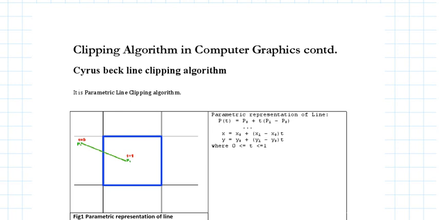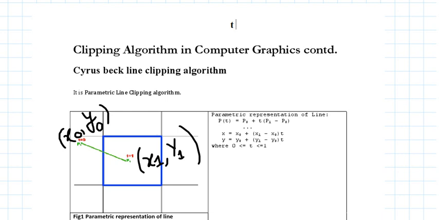Say the Cartesian coordinates for P0 are x0 and y0, and the Cartesian coordinates for P1 are x1, y1, and t is your parameter. t is the parameter whose value is in the range from 0 to 1, 0 less than or equal to t, less than or equal to 1.